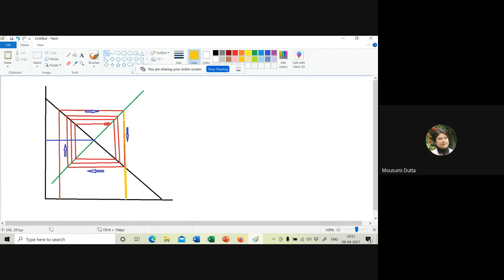Now, because of the nature of beta 1 by beta 2, when it will come down, it will come below the equilibrium, because mod beta 1 by beta 2 is less than 0.